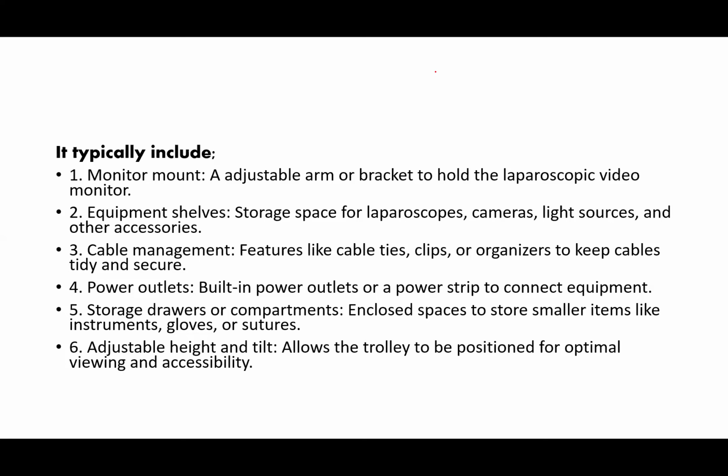You have storage drawers or compartments, enclosed spaces to store smaller items like instruments, gloves, and sutures. Then adjustable height and tilt allow the trolley to be positioned for optimal viewing and accessibility.